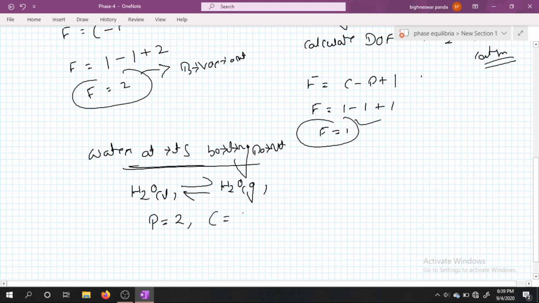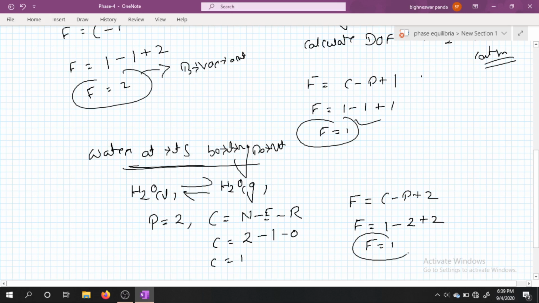Component C is equal to N minus E minus R. I am putting C is equal to number of species, 2 species, minus equilibrium 1, minus 0. So component is equal to 1. Then degree of freedom F is equal to C minus P plus 2, so 1 minus 2 plus 2, that is 1, monovariant.